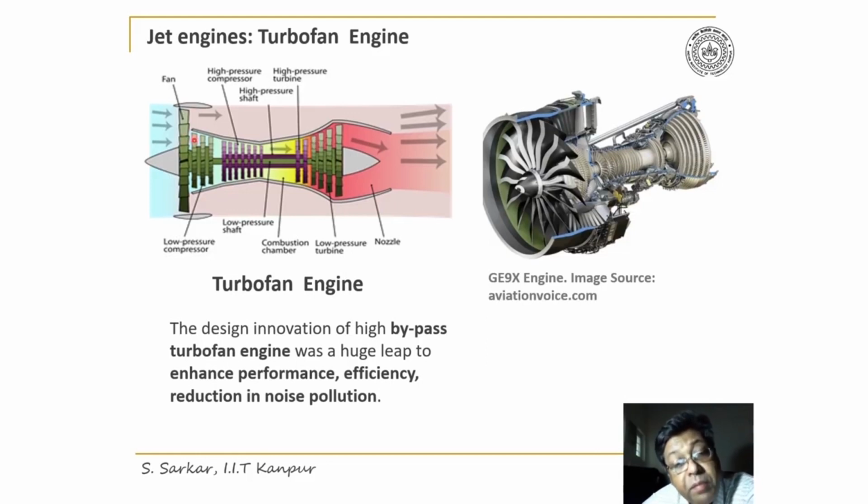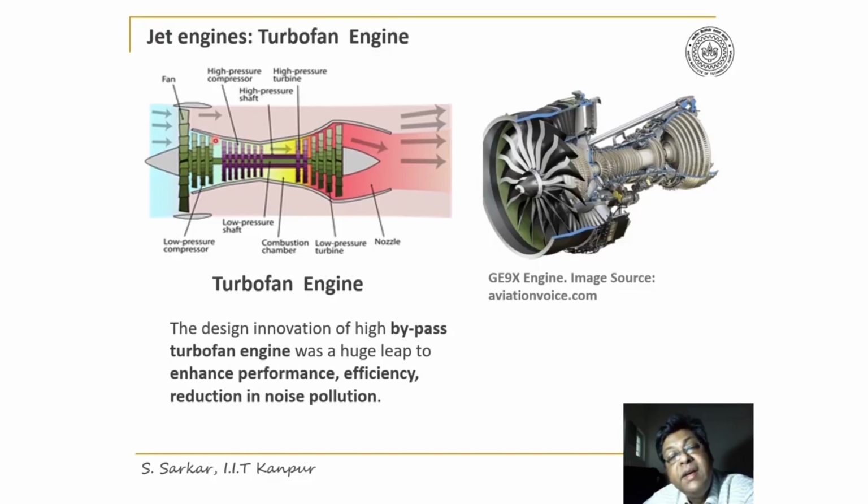The air is compressed in two stages: one is called the high pressure stage and the other the low pressure stage, and similarly the turbine. So in other words, the air is bypassed. One half of the air goes outside the engine, and the other half is passing through the multi-stage compressors and then pushed to the combustion chamber.